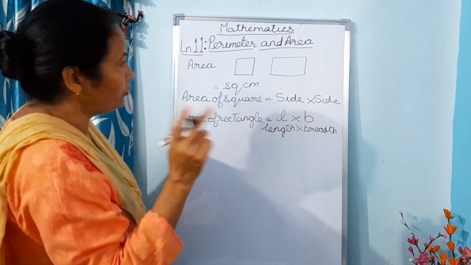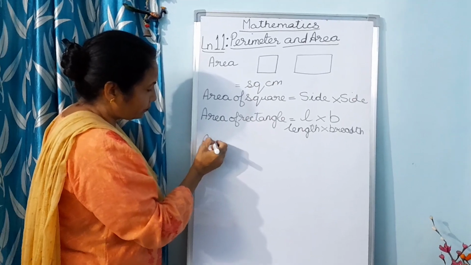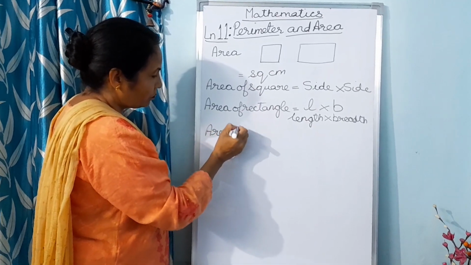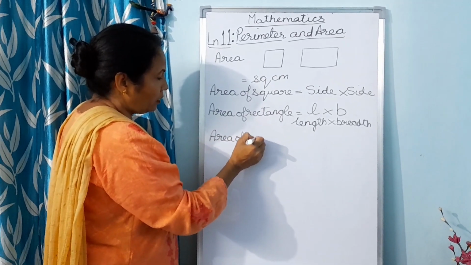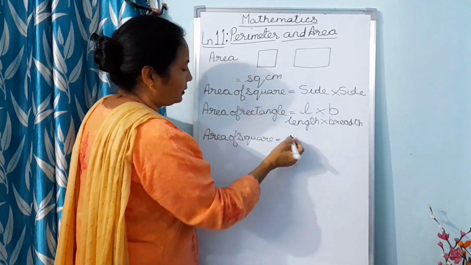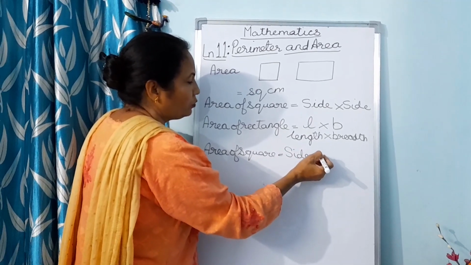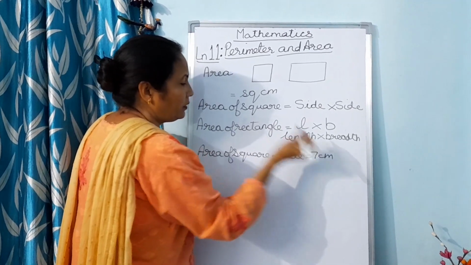Now I am going to give you two examples. One of square. Area of square. Here you will see that one side is equal to 7 centimeter.